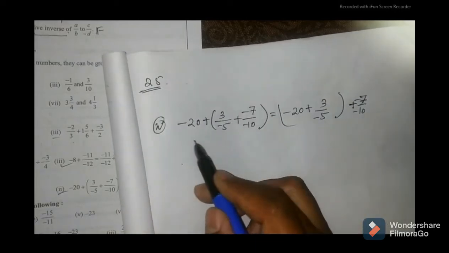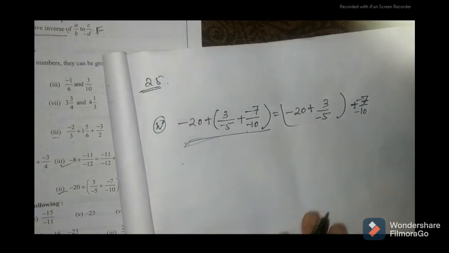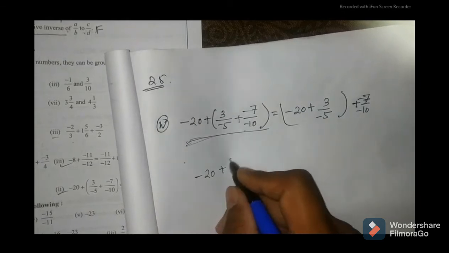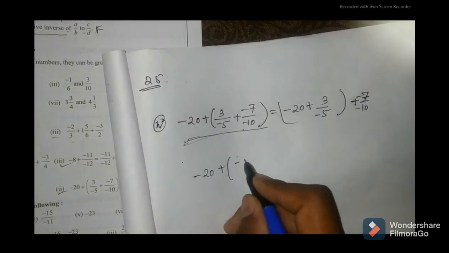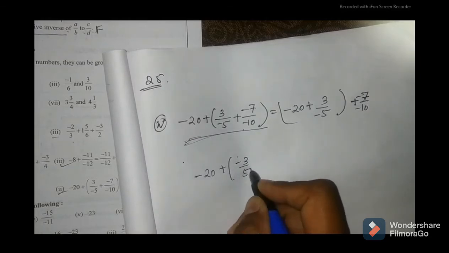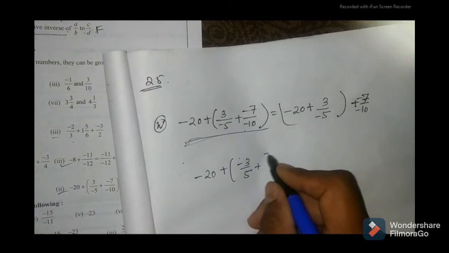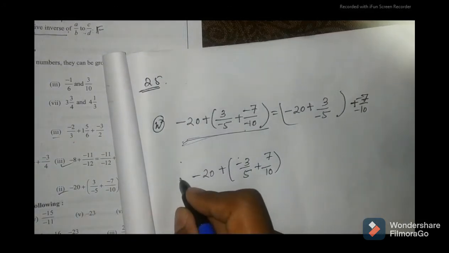Now we will solve this portion first. Minus 20 plus we can write 3 by minus 5 as directly minus 3 by 5, plus, and this minus cancels, it remains 7 by 10.